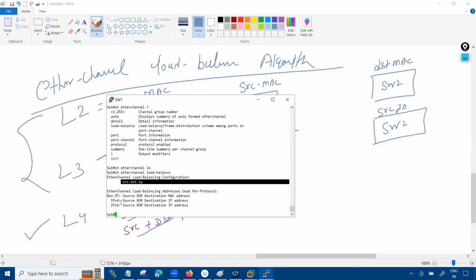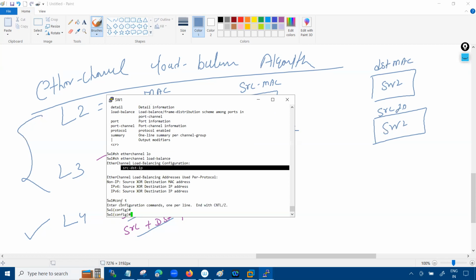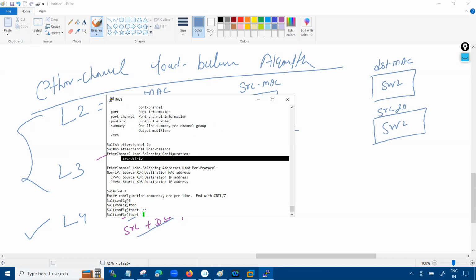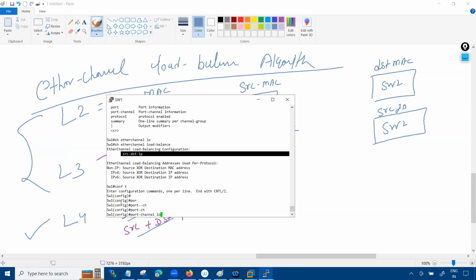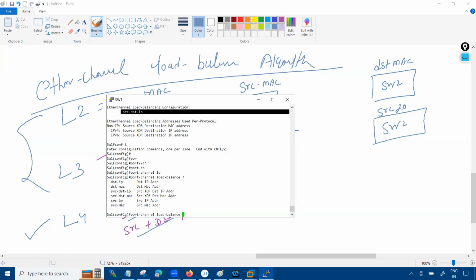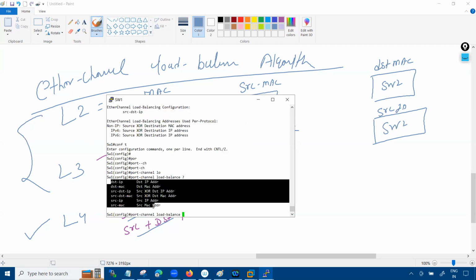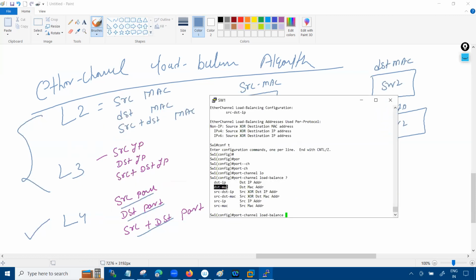Even though it's a layer 2 port channel, we are using the source and destination IP. If you want to change it, you can. For example, I say port channel load balance, and I have options over there. You can see that I don't have a port concept. I have destination IP, destination MAC, source destination IP, source destination MAC, source IP, or source MAC.